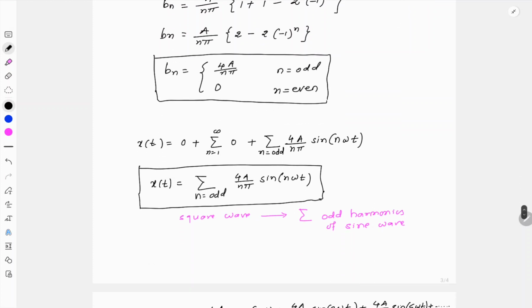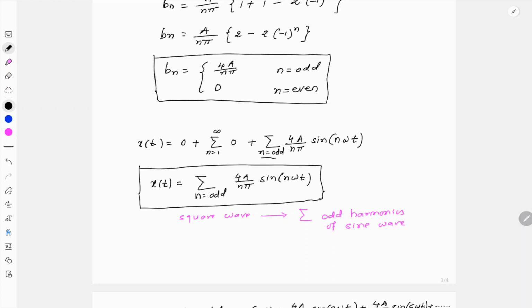Then we represented this in terms of the original equation of the trigonometric Fourier series, x of t equal to a0 plus summation n equal to 1 to infinity an cos, where an is 0, plus summation n equal to 1 to infinity bn sin. But bn exists only for odd values, so we have written it as n equal to odd, and then the final answer was represented in x of t form.